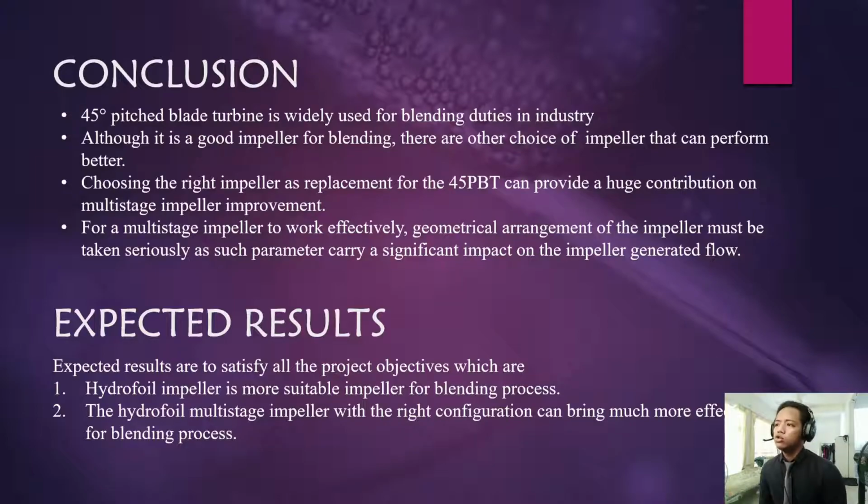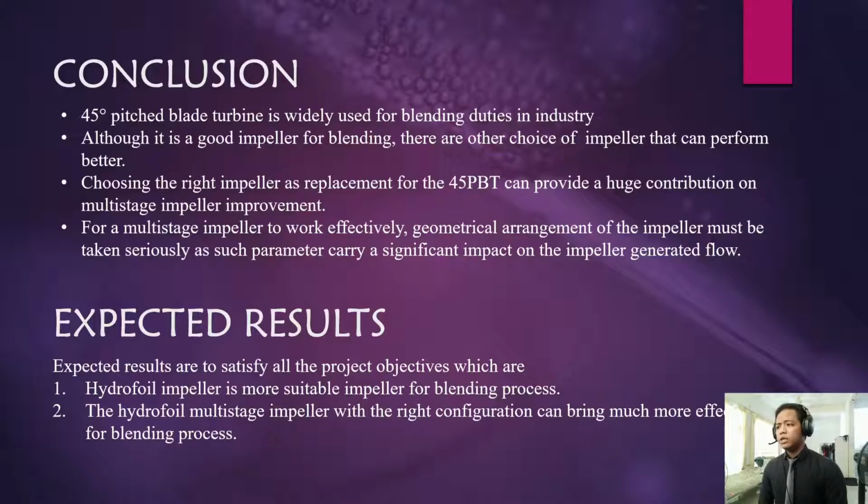By choosing the right impeller as a replacement, it can provide a huge contribution to the multi-stage impeller improvement and the blending process itself. For a multi-stage impeller to work more effectively, the geometrical arrangement of the impeller must be taken seriously, as such parameters have a significant impact on the impeller generated flow.